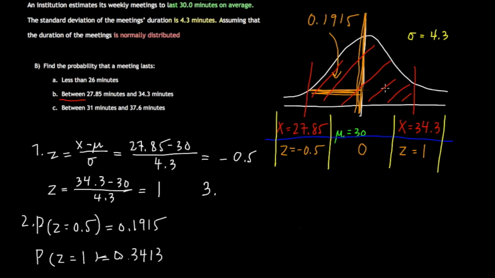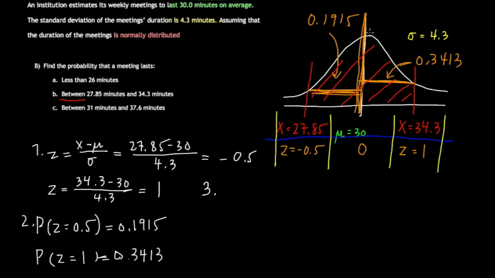And now on the right-hand side, for a z-score of 1, or an x of 34.3, in relationship to the mean, to this bar right here, my 0.3413 is going to go on this side right here. Okay, so that's 0.3413, okay, which represents this right here.